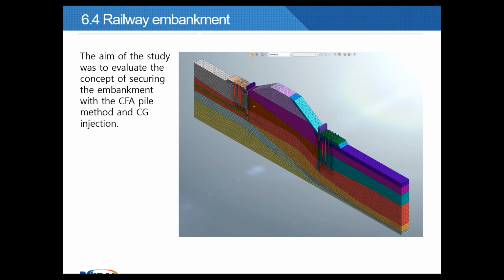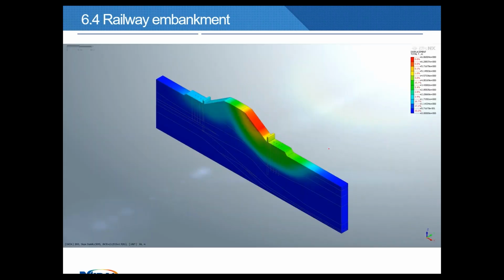So we have injection in this part, which improves soil parameters, and some piles, CFA piles in this part. And we made some calculations to calculate factor of safety, and the factor of safety in this part after the improvements was about 1.9. So this was good.